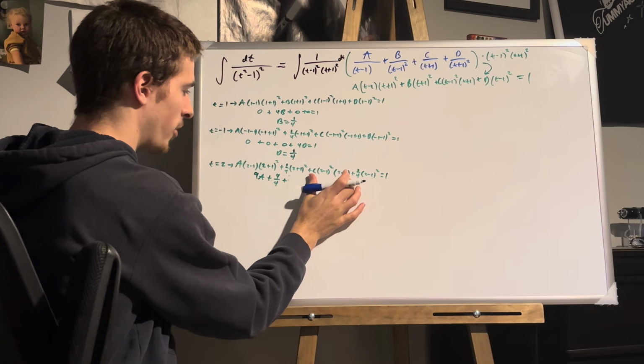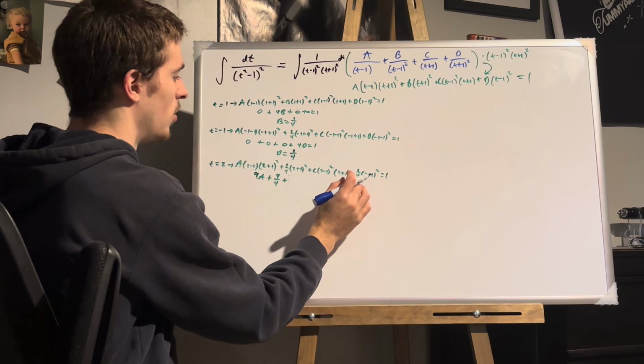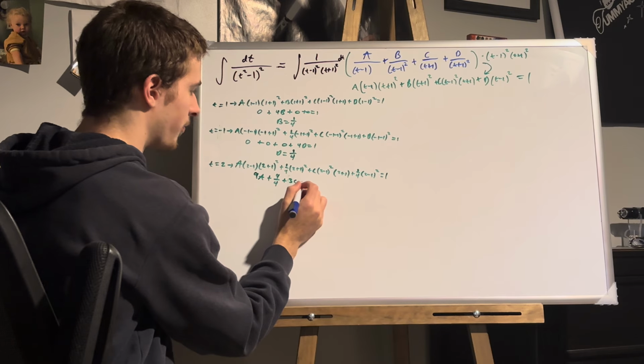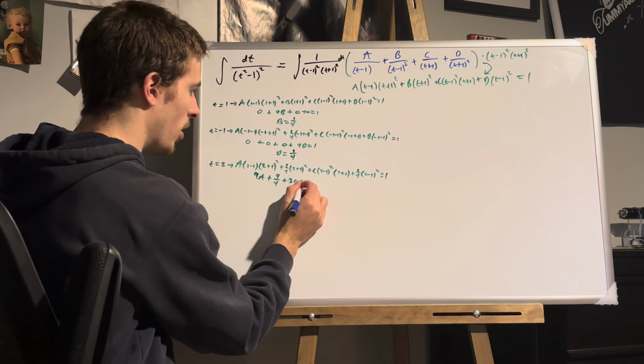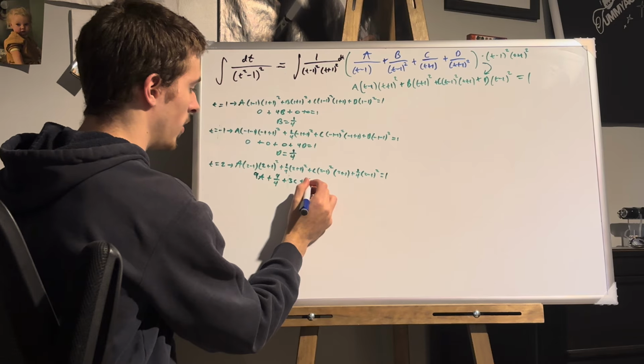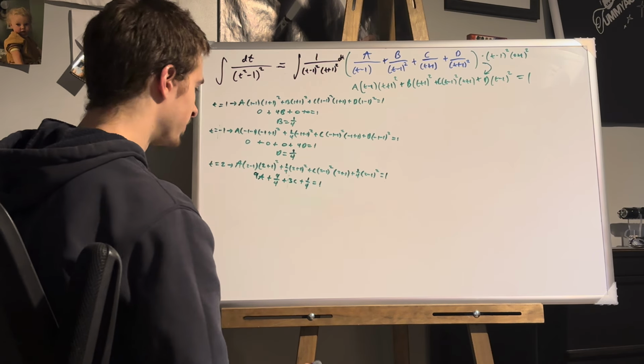So this is the whole term. 2 plus 1 is 3 times 1 is 3C, plus 2 minus 1 squared is 1 squared, which is 1 times 1/4, so just 1/4 equals 1.